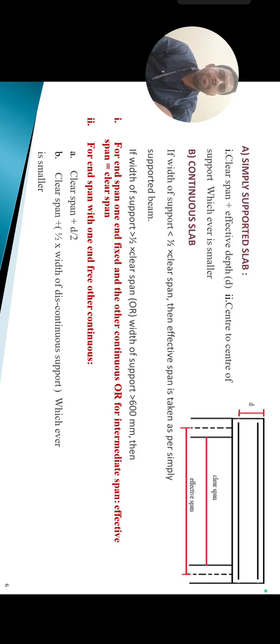If the width of the support is greater than half the clear span, or the width of the support is more than 600 mm, then for the end span with one end fixed and the other end continuous, or for intermediate spans, consider clear span plus d by 2, and clear span plus half of the supports, whichever is lesser.